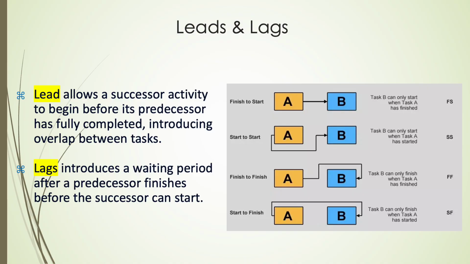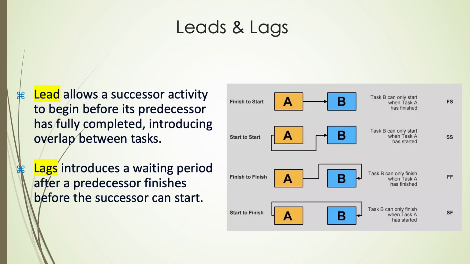Finish to finish, where the next activity cannot finish until the previous one has finished, and start to finish, where the next activity cannot finish until the previous one has started. These logical relationships help in constructing a clear, visual flow of project tasks, ensuring better coordination, minimizing risks of overlap or gaps, and promoting smoother project execution.